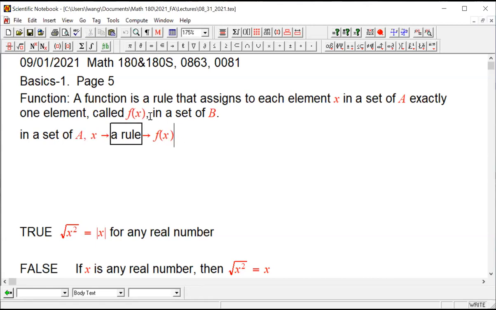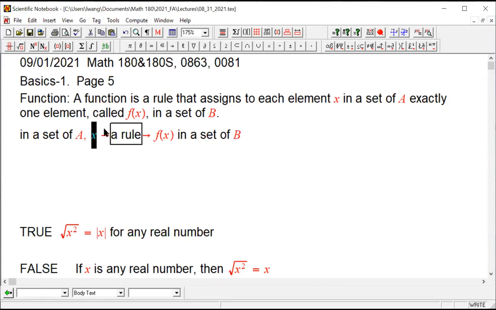It's going to be in a set B. So when we have a rule, the first thing we would be thinking of is, what can this rule apply to? That is, what can be the input?